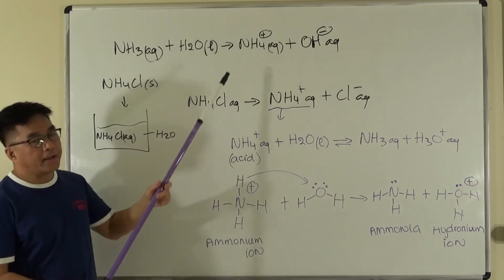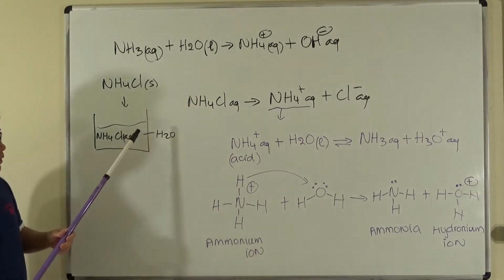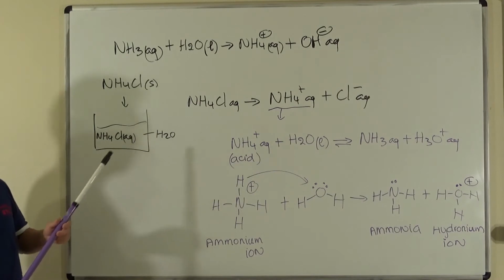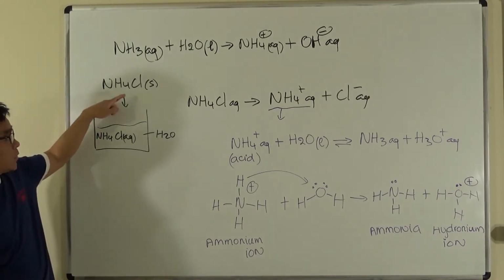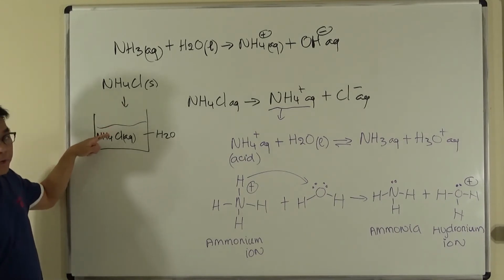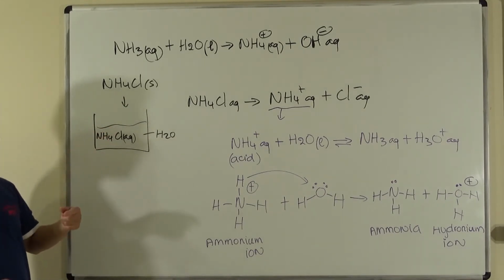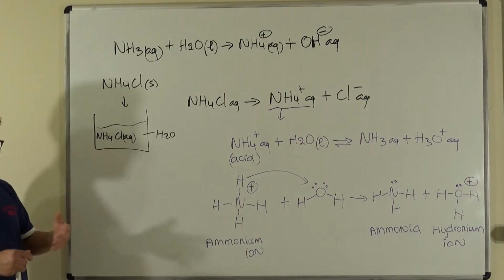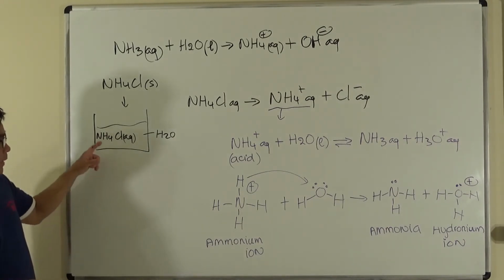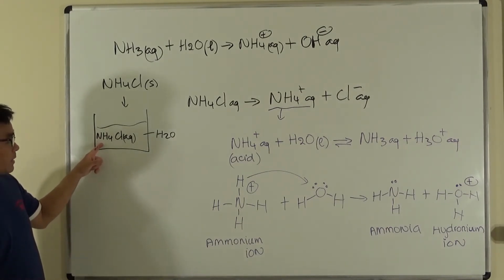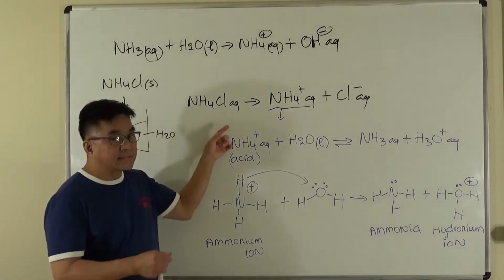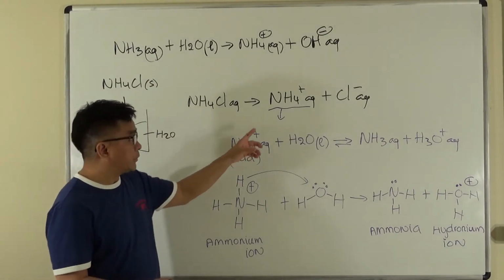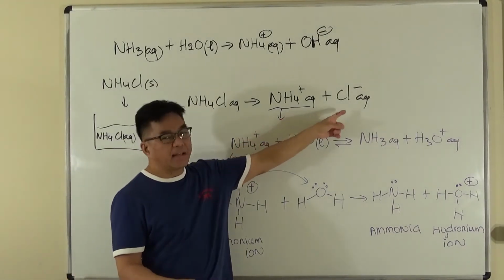Now the ammonium ion. For example, if you take ammonium chloride, which is a solid salt, and you drop it into water, it dissolves, you stir it up, and everything goes in solution. So we can write NH4Cl aqueous. But when it dissolves in the water, it dissociates into ions, the cations and the anions.